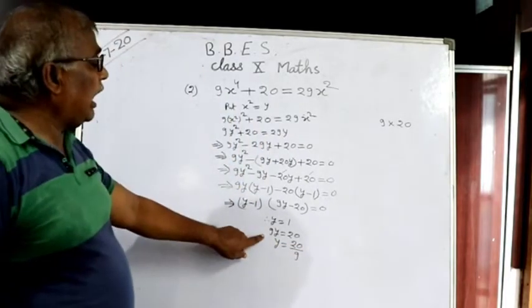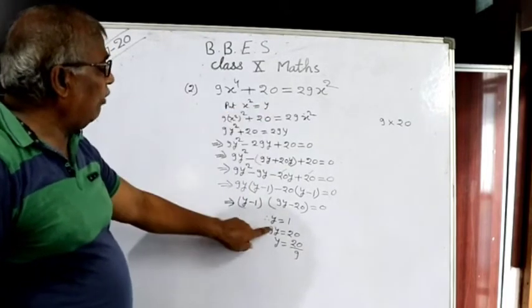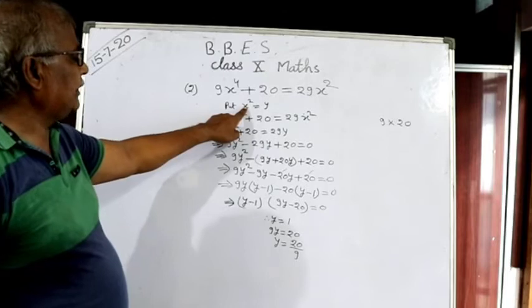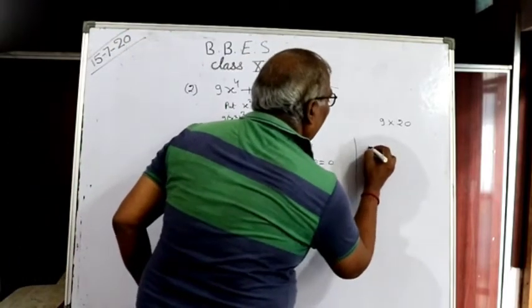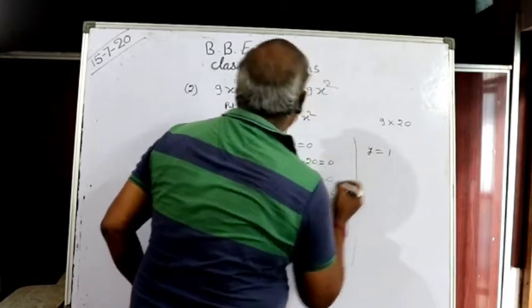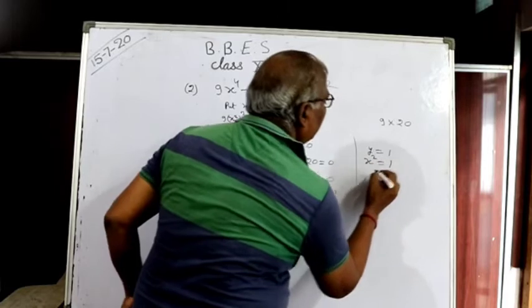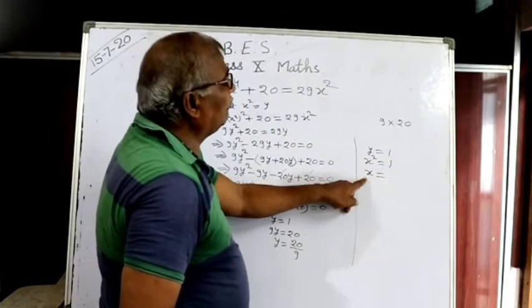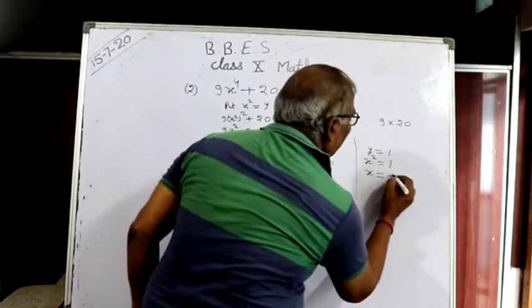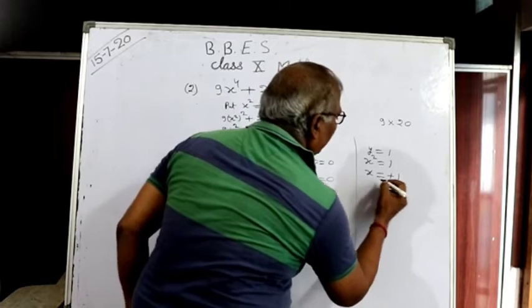Now at last, in place of y, we will write down x square. First, y is equal to 1, so x square is equal to 1. We find the value of x: it is equal to plus minus 1. Under root 1 means 1.